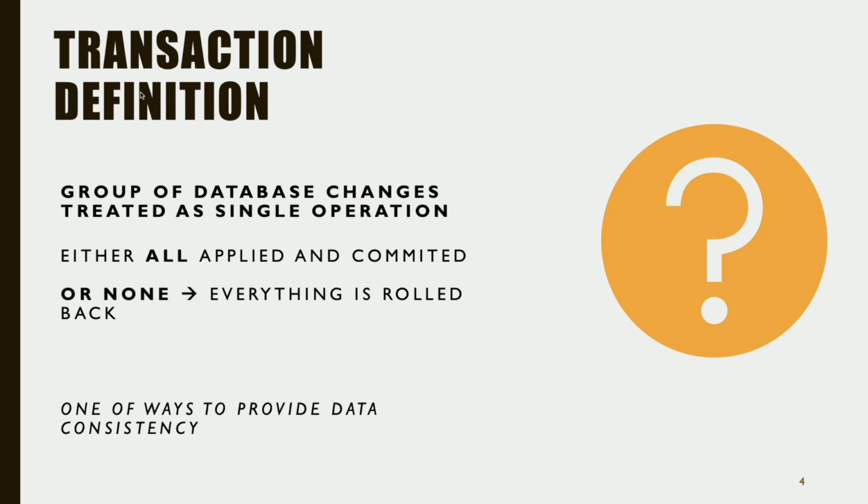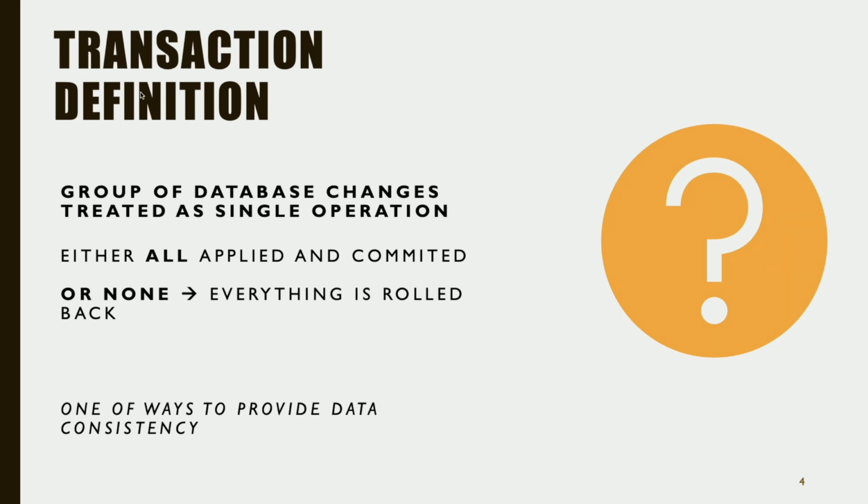Another important thing to quickly share is the definition of the transaction. For me, a transaction is a group of database changes that should be applied together as a unit. So we do many things on the database, but it should be treated as a single operation for the database. Either every operation is applied or none of them.